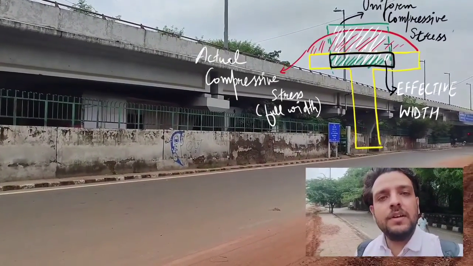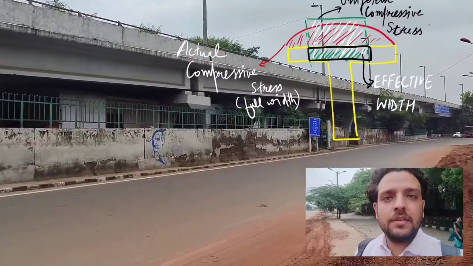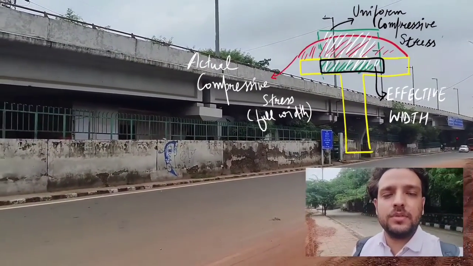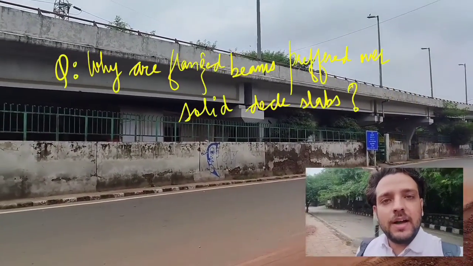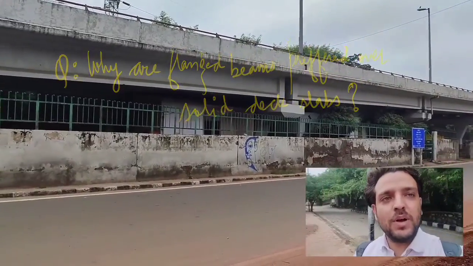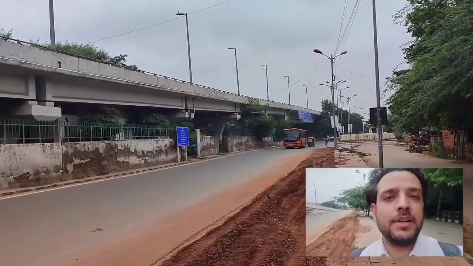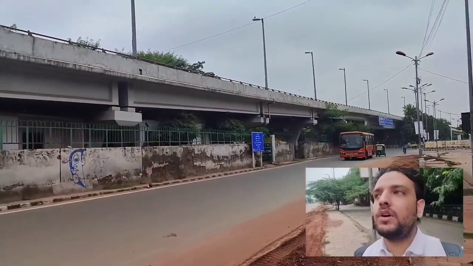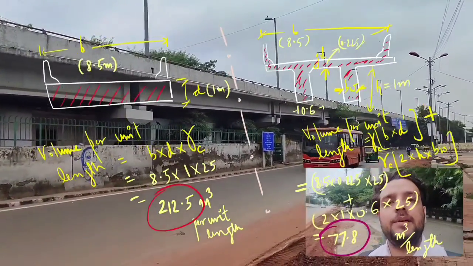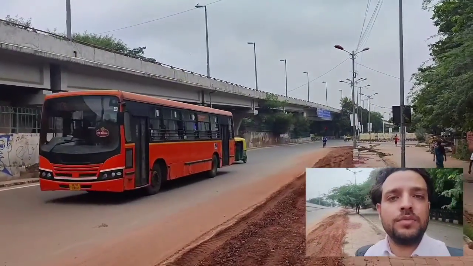Secondly, we will discuss what span range flanged beams are generally preferred over solid deck slabs, and why. To answer this question, it is based on the total volume of materials involved, because the cost of the structure is directly dependent upon it.